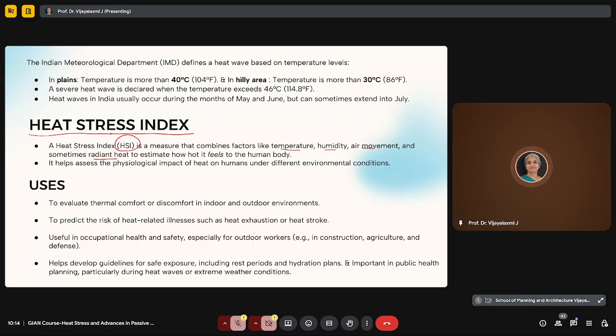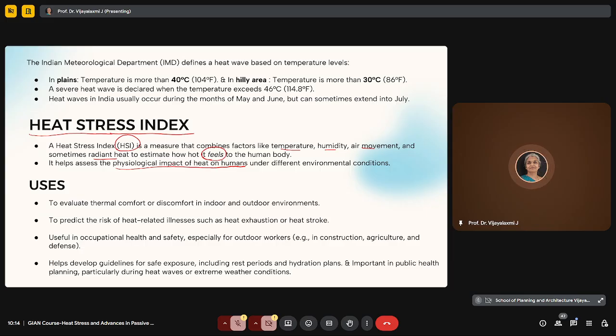But normally it is the combination of temperature, humidity, air movement, and radiant heat, and how you feel, that is called heat stress. This helps us to assess the physiological impact of heat on humans under different environmental conditions.